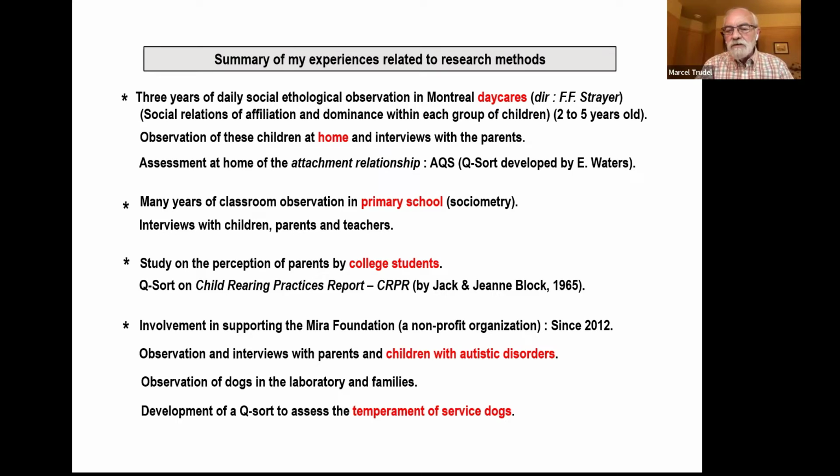I don't know if you know, sociometry is a way to establish the structure of the group, the relationships within the group. And I used this technique for many years, and also made interviews with the parents, the children, and the teacher for sure.